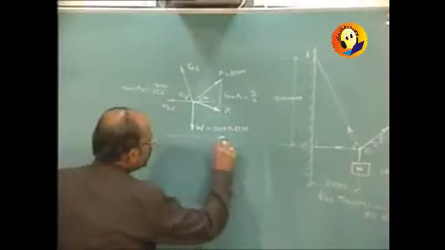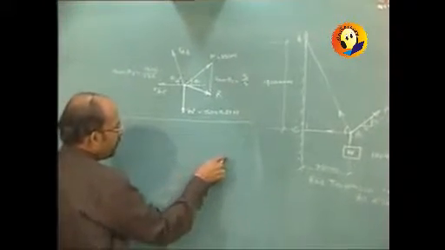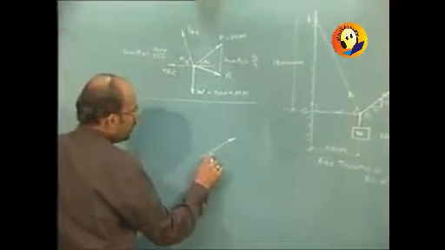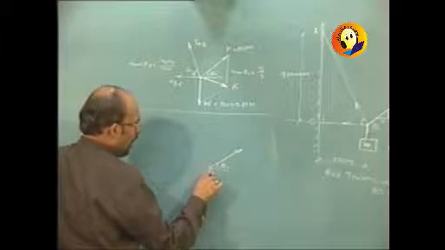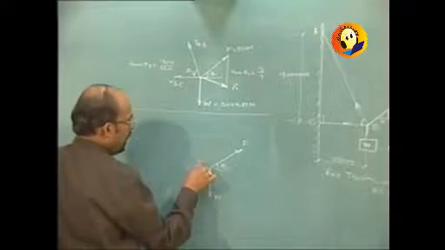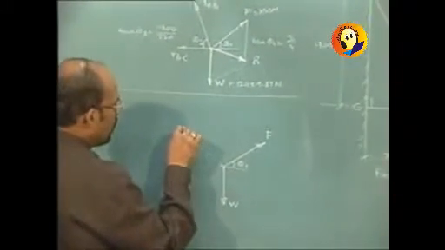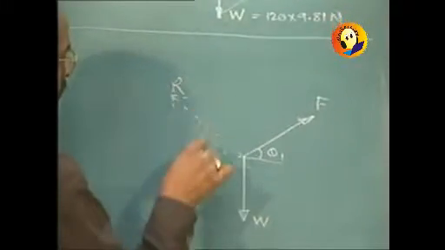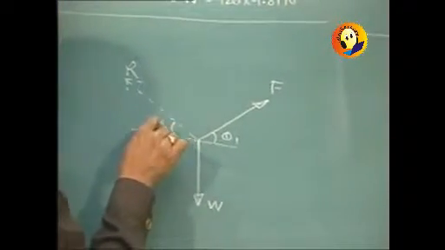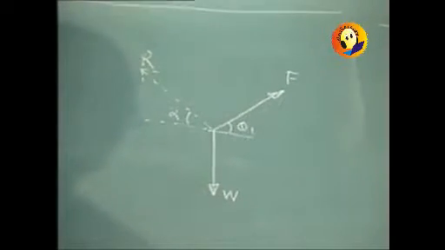Another way to proceed is I am drawing this F at angle theta 1 and W vertically downward, and I can imagine some force R which is acting at some angle, say alpha, and I say that this system is in equilibrium.